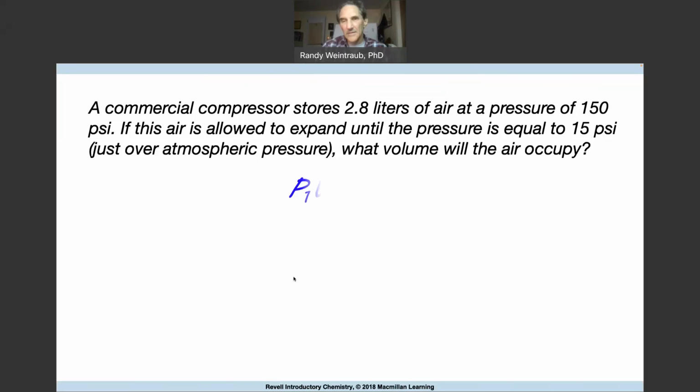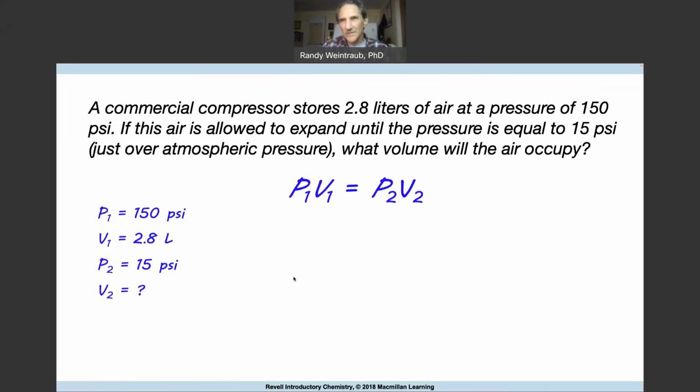We begin by jotting down Boyle's law. And in this example, we have a P1 and P2, and we have the V1.